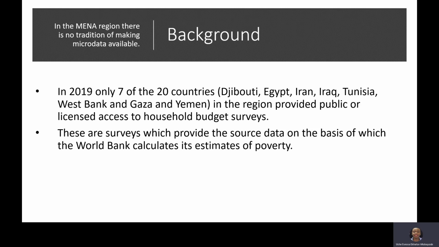In MENA, however, there is no tradition of making microdata available. In 2019, only 7 countries out of the 20 countries in MENA provided public or licensed access to household budget surveys. These surveys are really important. They are the surveys that the World Bank uses to calculate poverty estimates. And so, in cases where they are not available or in cases where they are outdated, it limits the policy use of the estimates that are calculated.